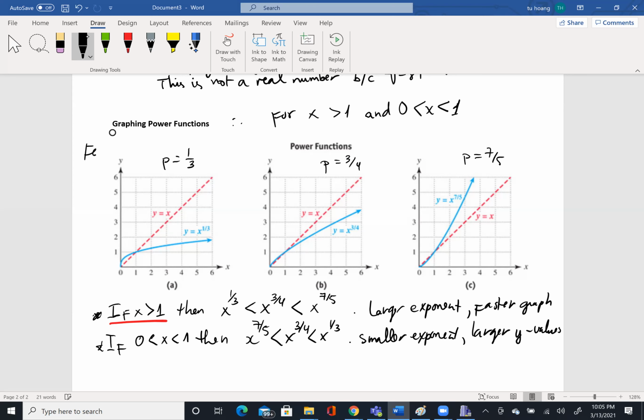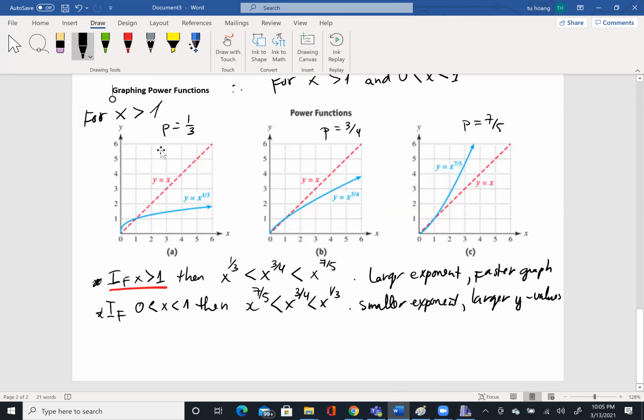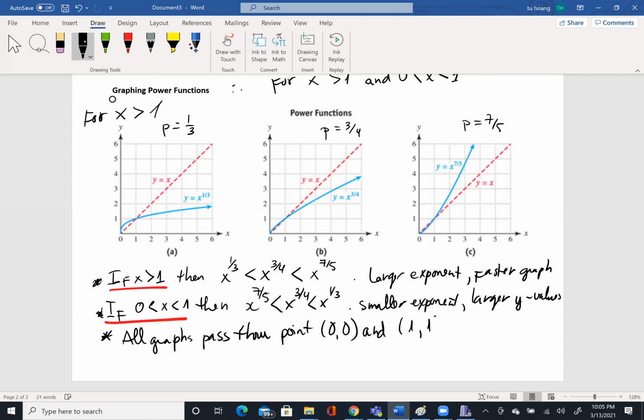The graph here is for x greater than 1. I didn't have the graph from 0 to 1, but you can check on Desmos. One more thing you need to remember is that all the power graphs pass through the points (0, 0) and (1, 1).